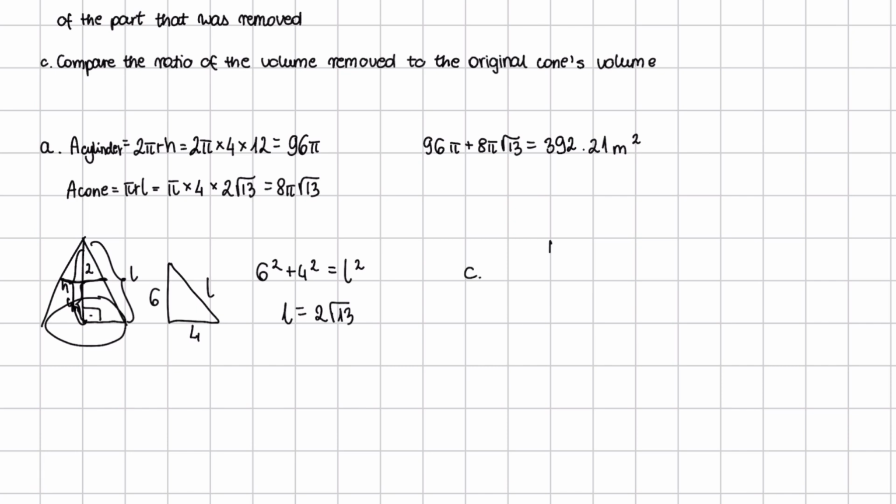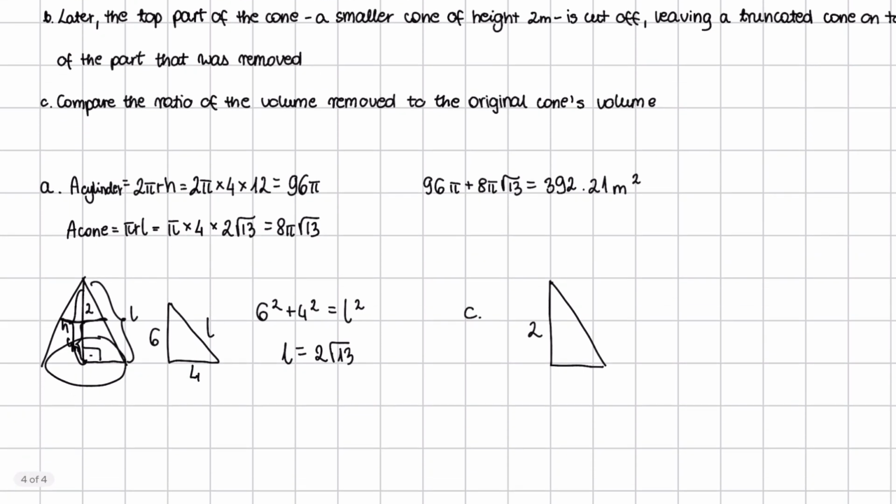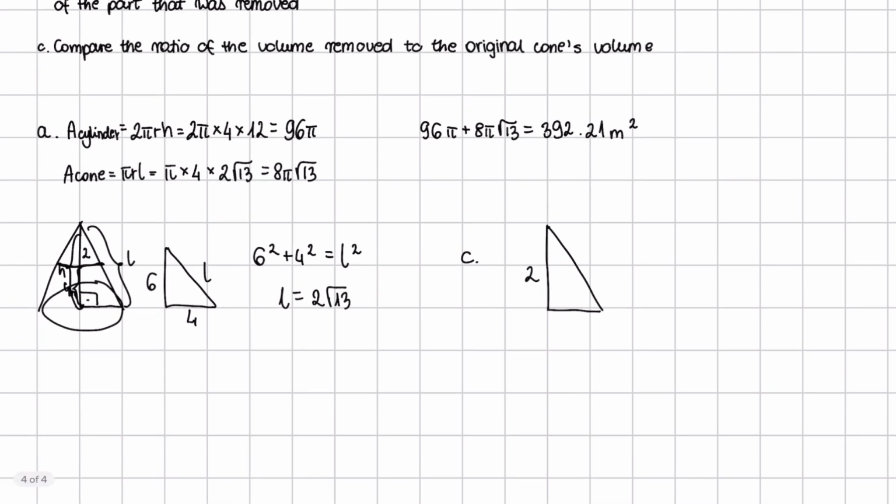So here we have 2 meters because we have a smaller cone of height 2 meters. So we can use basically the knowledge that our cones are similar. They have the same apex, and we can observe that here we have height 6.